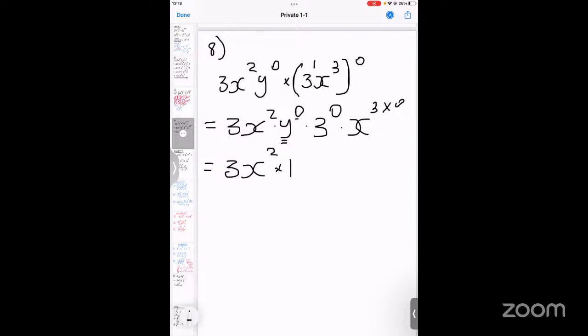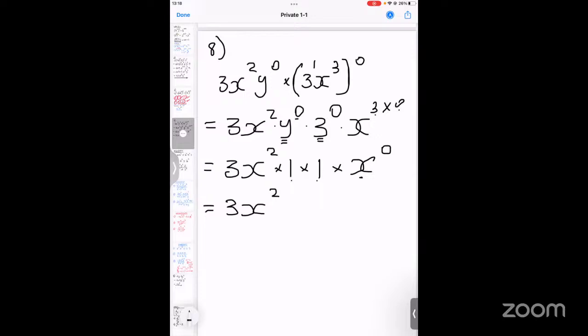Yes. Yeah, so that means again, even this one is something to the power of 0, then we say it's 1. And then here we've got x to the exponent. What is 3 times 0? That is 0. So that means we have 3x to the 0. 1 times 1 is just a 1. And again, even this one is going to be 1.